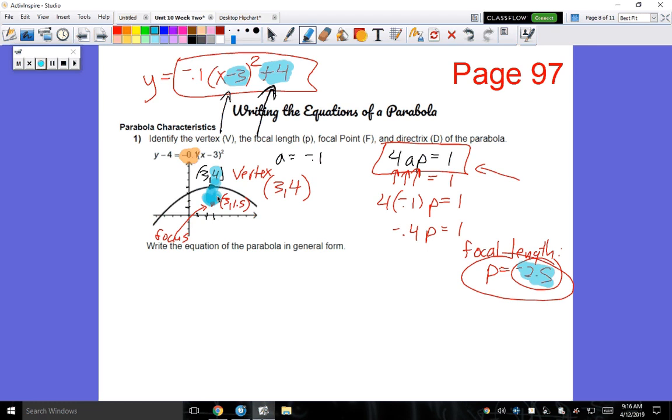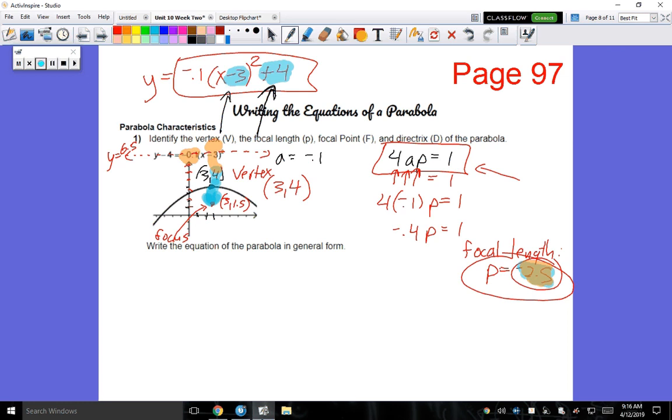And then to get the directrix, we would go the opposite direction. So we're still going to do 2.5, but we're going to go this way, 2.5. So that would give us 6.5. So there's a line, basically, if you were to count 1, 2, 3, 4, 5, 6, and then 0.5, this is where the directrix is going to go.